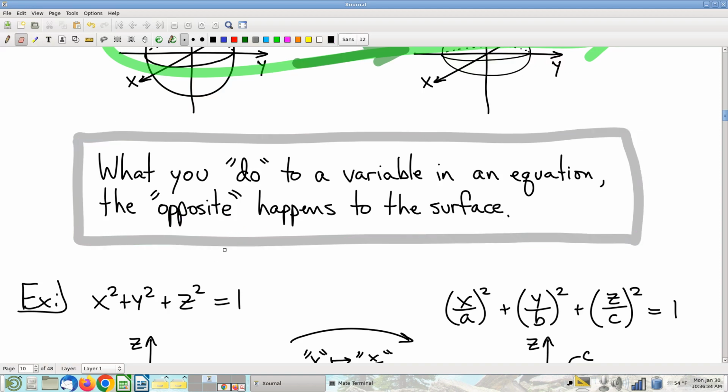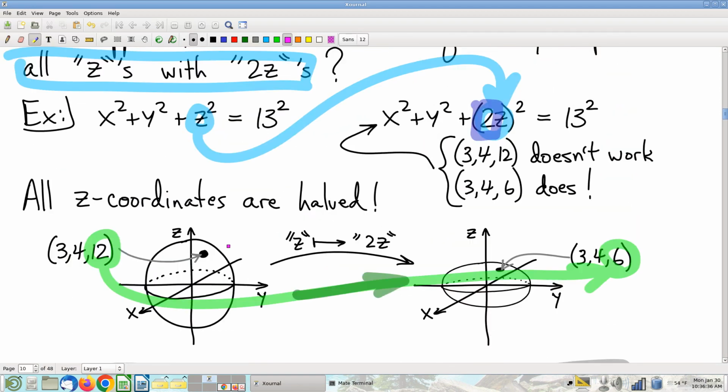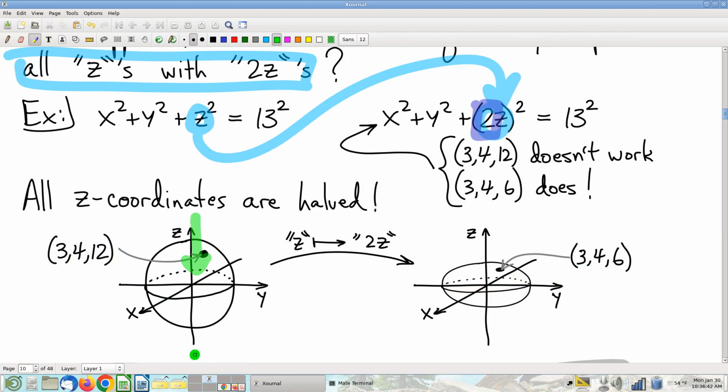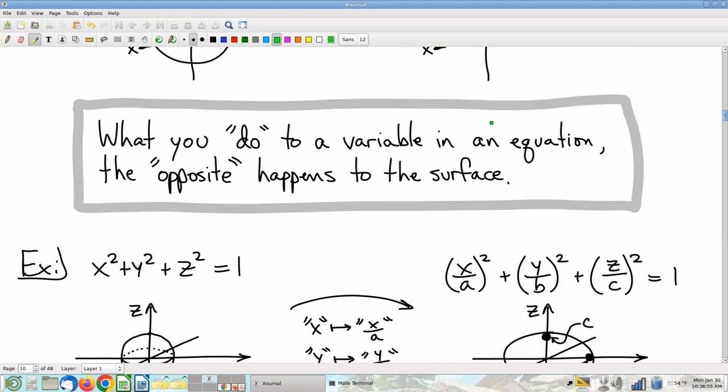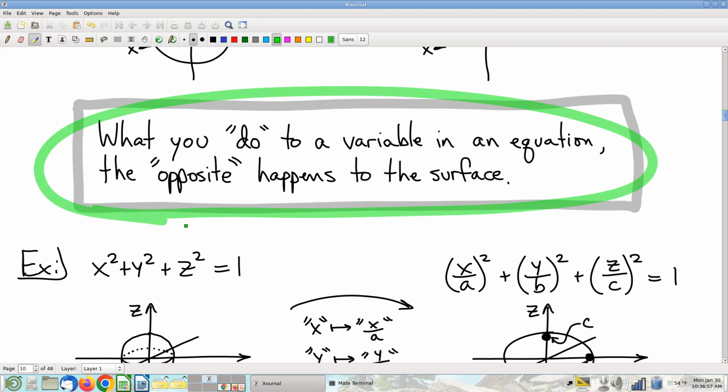Okay. So altogether, because of that algebra, this surface has been smushed, right? It's been compressed in a vertical direction by a factor of 2. This is a pretty broadly applicable rule.